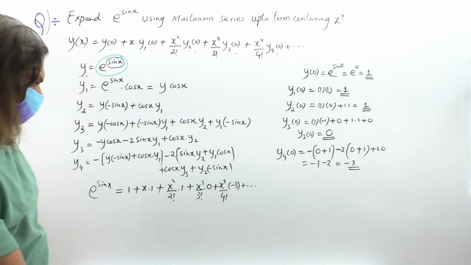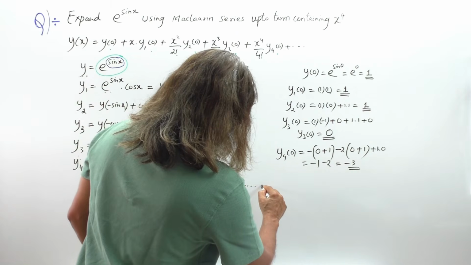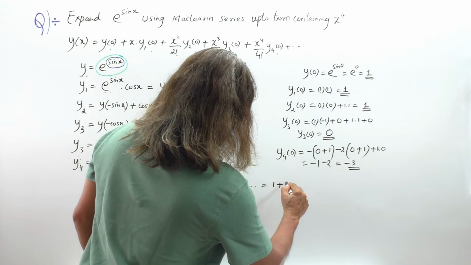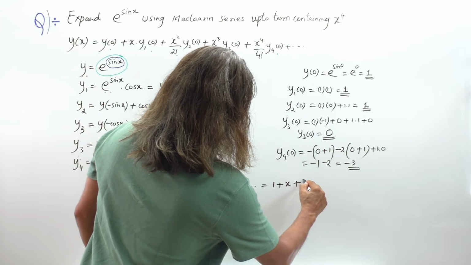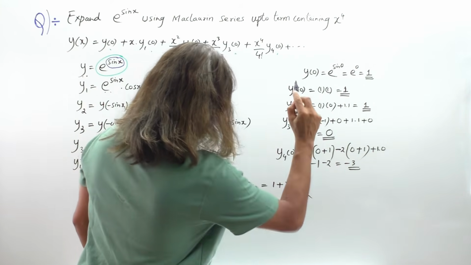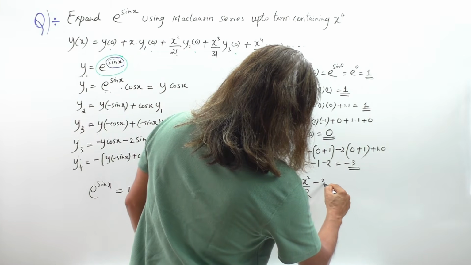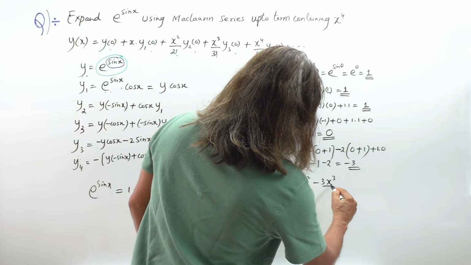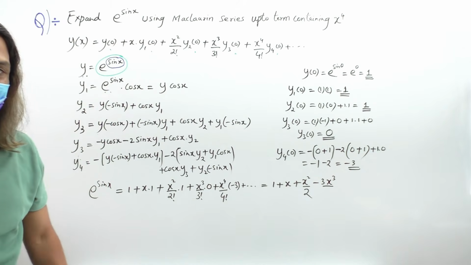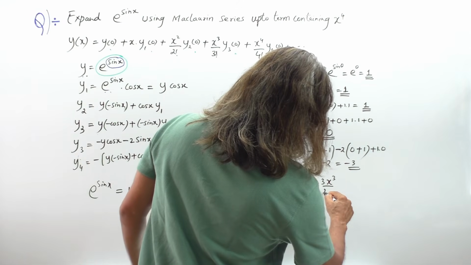So I simplified further as 1 plus x square by 2 factorial is 2, and this is 0, minus 3x to the 4 by 4 factorial, which is 24.